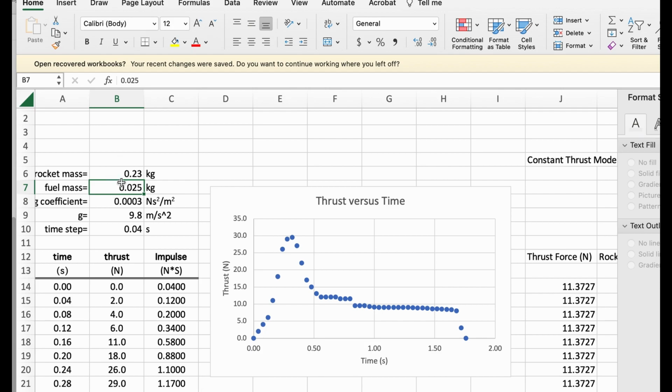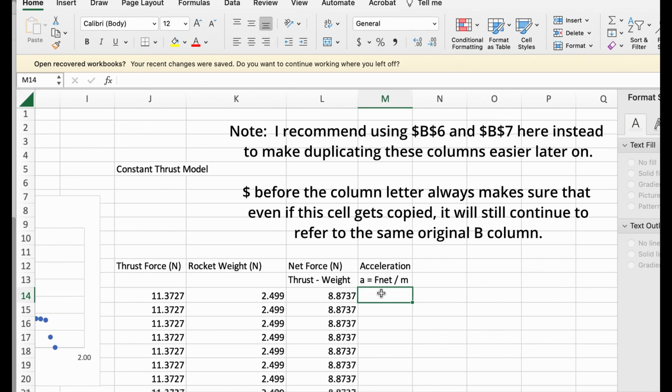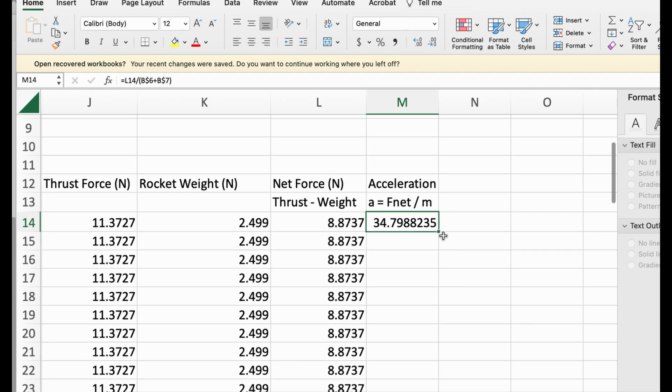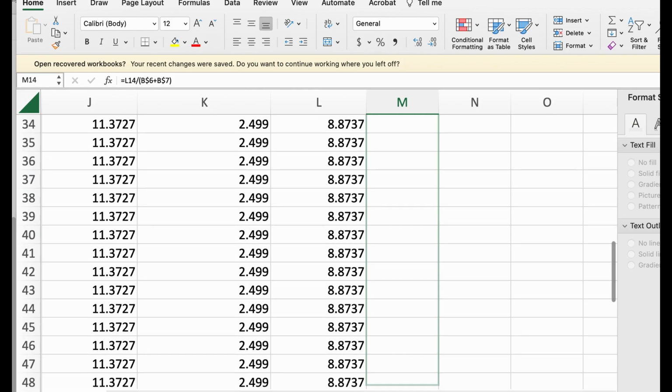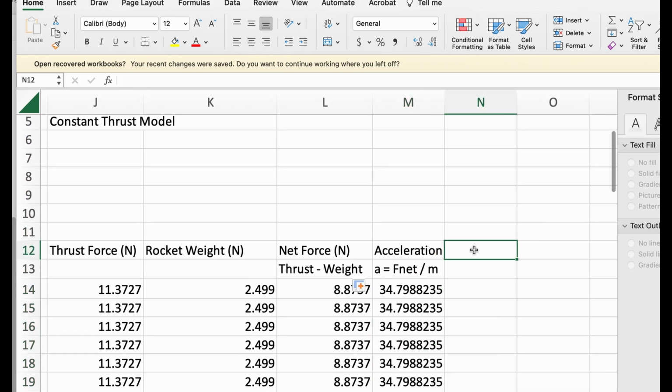So I'll just add them two together, B6 plus B7. All right, so we'll get L14 divided by the sum of $B$6 plus $B$7. So now I'll just drag that down. We should find just a nice constant acceleration the whole time. And that is the value we calculated for that.